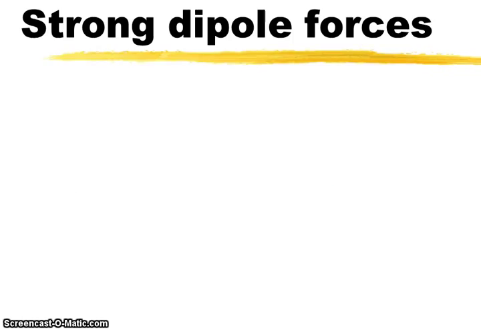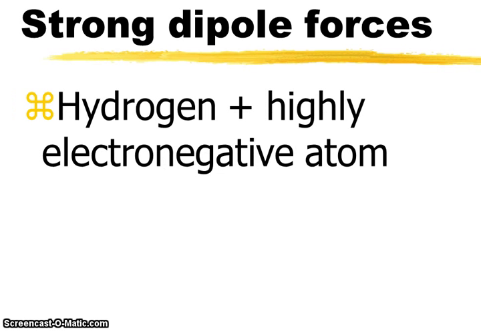Now, there are varying strengths in dipole-dipole intermolecular forces. When we look at hydrogen bonded to another highly electronegative atom within a molecule, we're going to have a large dipole set up within that molecule. And specifically, we're looking at when hydrogen is bonded to nitrogen, oxygen, or fluorine within a molecule.